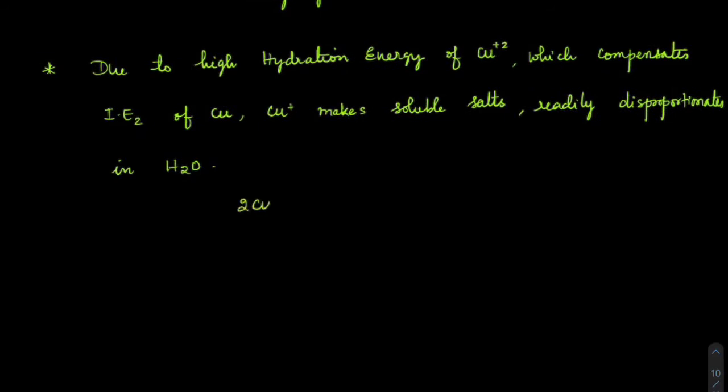Basically what I meant is that if you take 2 Cu+ in H2O, it would become Cu2+ and Cu. Okay. The reason being here is that delta H hydration of Cu2+ is higher compared to that of the second ionization. Okay. Think about it.